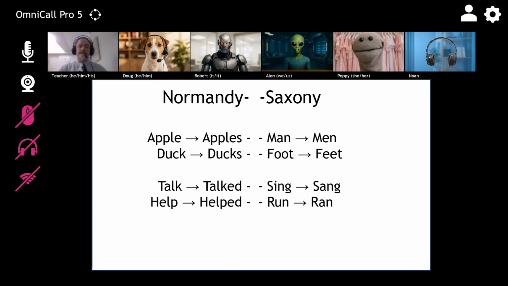Teacher, the vowel change pattern makes sense, but some verbs don't just have two forms. They have three. Drink, drank, drunk. Why do the vowels shift twice? It looks random. Well, this just highlights how different the grammar systems actually were. Norman and Saxon did not have the same number of categories. We'll learn more about the number of categories much later in the course.